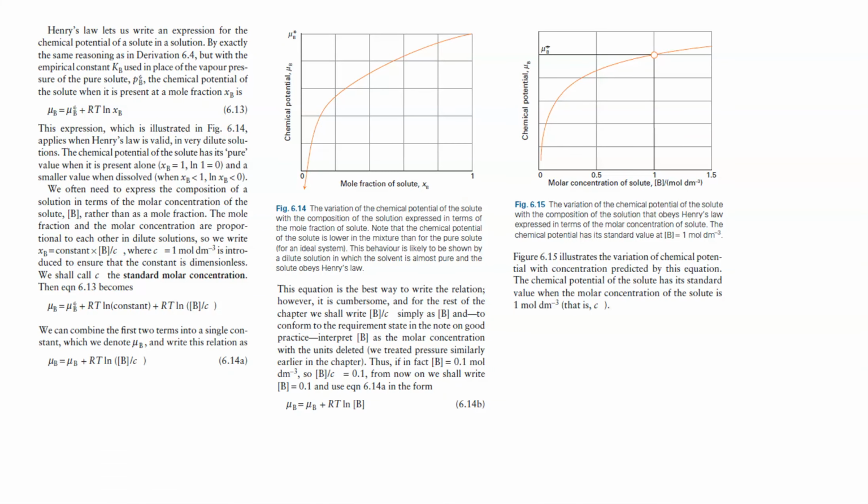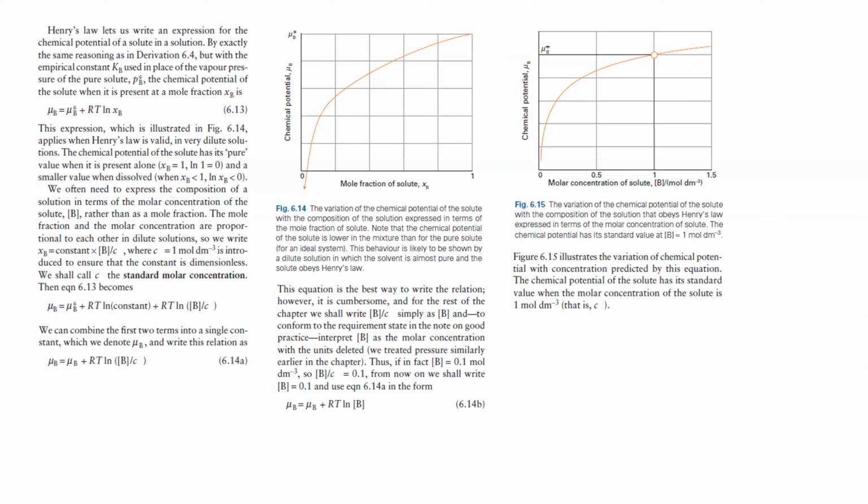Now, Henry's law lets us write an expression for the chemical potential of a solute in solution by exactly the same reasoning as in derivation 6.4, but with the empirical constant K_B used in place of the vapor pressure of the pure solute.